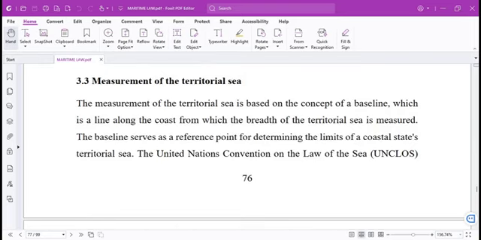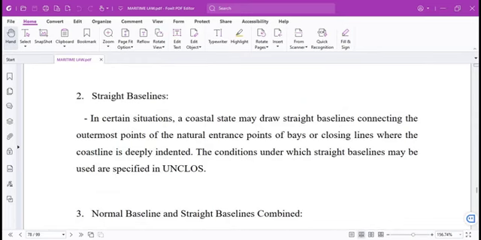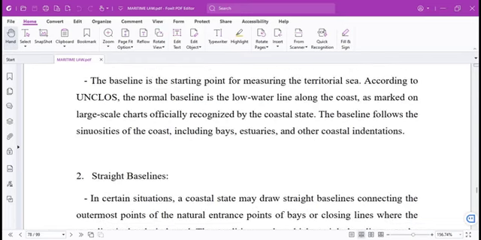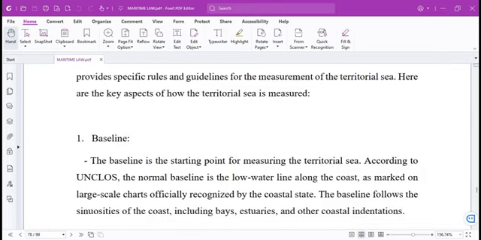Now, measurement of the territorial sea.